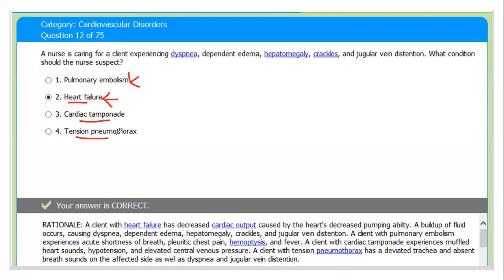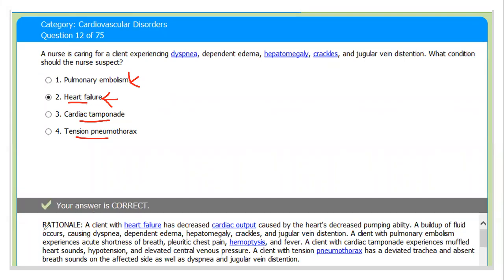So basically, next one here, I said heart failure. Let me talk a little bit about heart failure. So heart failure is a progressive heart disease that affects the pumping action of the heart muscle. And this causes fatigue, shortness of breath.